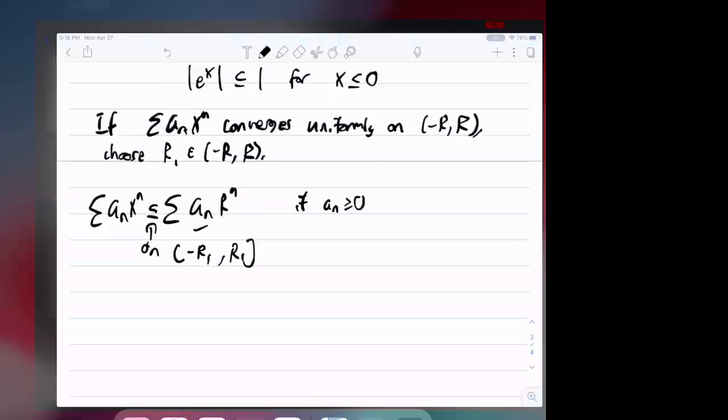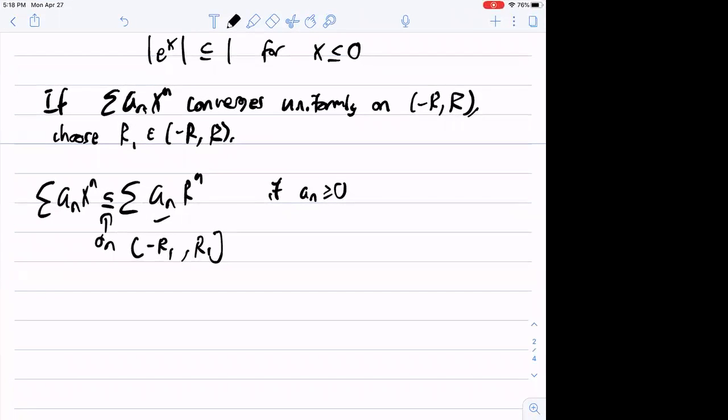By the way, you could just put absolute values here. If a is not positive, then you just take the absolute value.